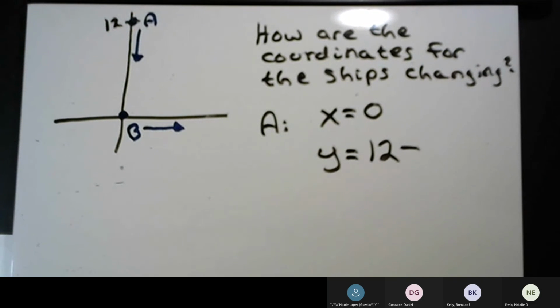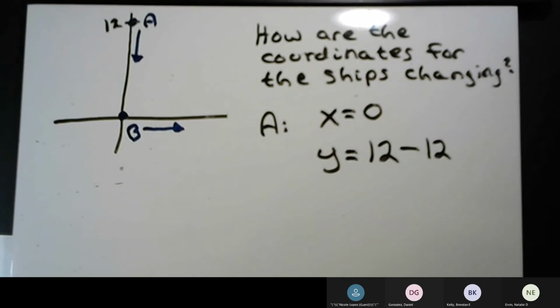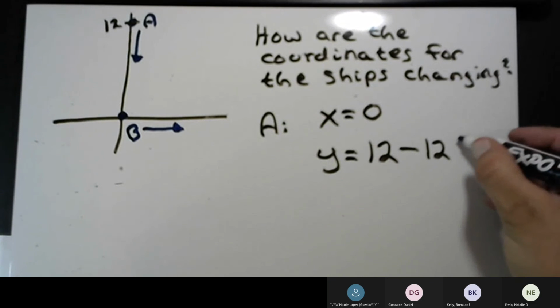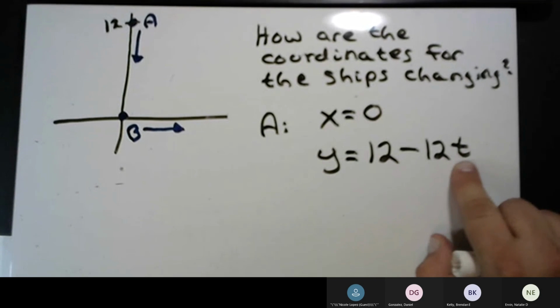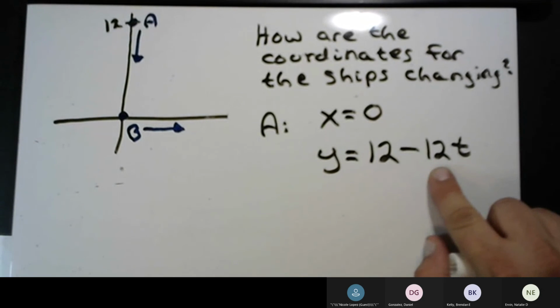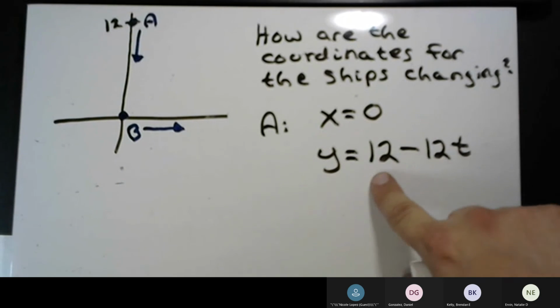And it's moving down at 12 knots, or I think that's nautical miles per hour. So for every hour, it's going to move 12 knots. So this amount we need to subtract from where it started on the y-axis.